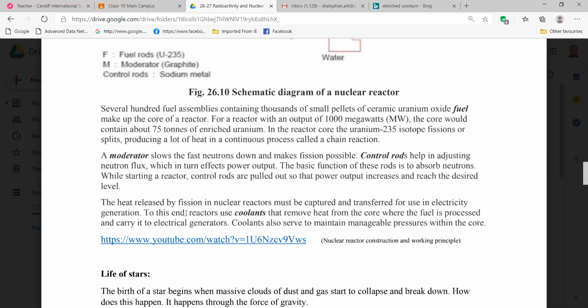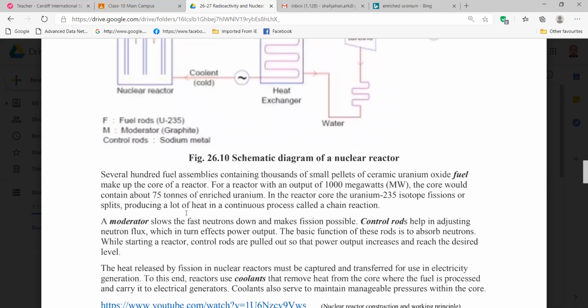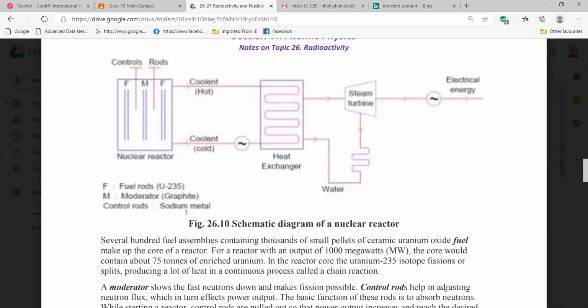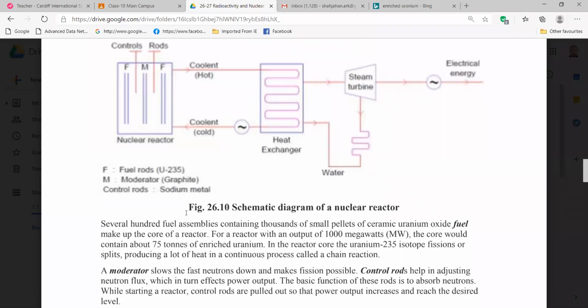Yes. So for coolants, we are actually using heavy water. It's called D2O, deuterium, one of the isotopes of hydrogen. If we make water with that hydrogen, that is D2O.